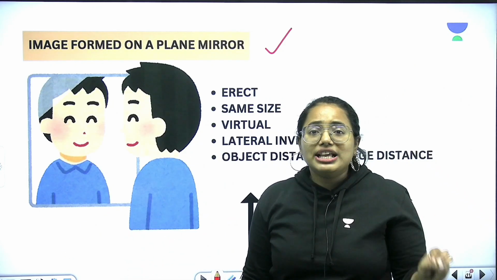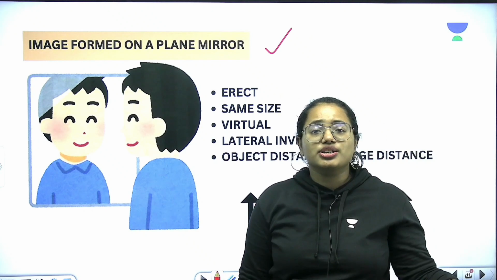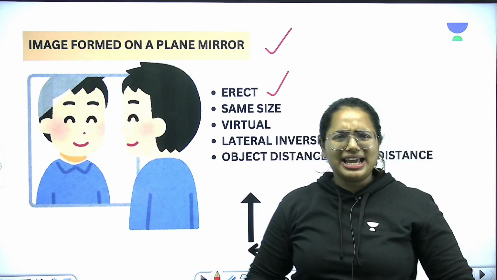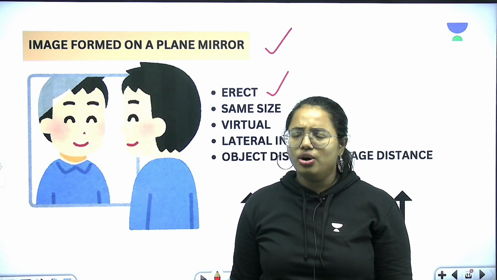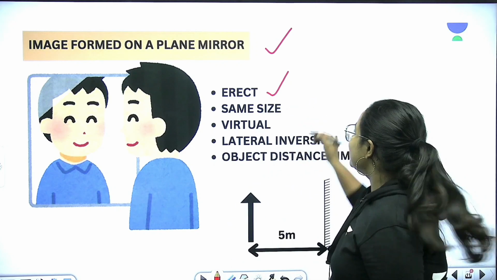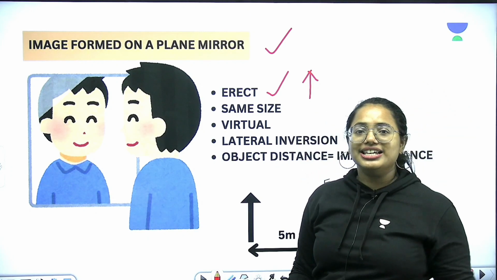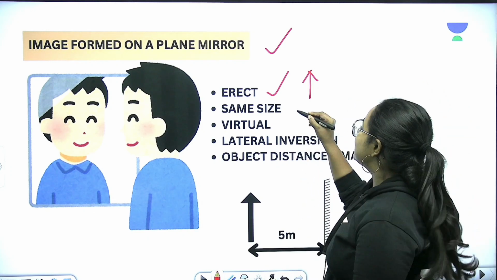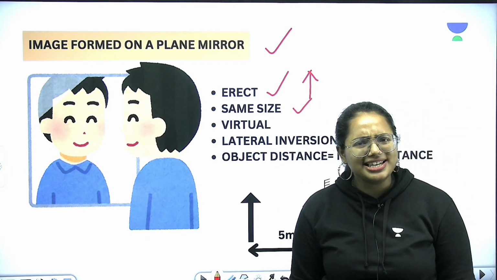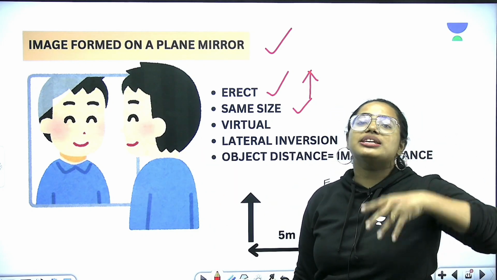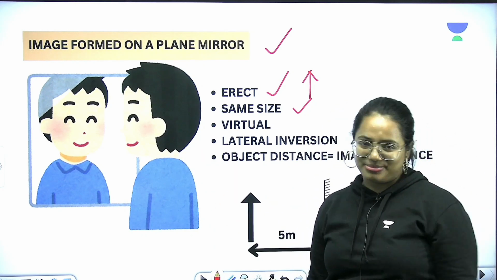Yes. So now let's learn the basic characteristics of an image formed on a plane mirror. Erect. What is meant by an erect image? That means it's upright. It's an upright image, that means it's not inverted. It is always upright. And same size. What is meant by that? If Arun has 150 centimeter height, then Arun's image is also going to have 150 centimeter height.